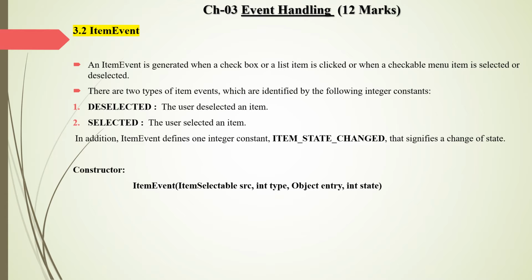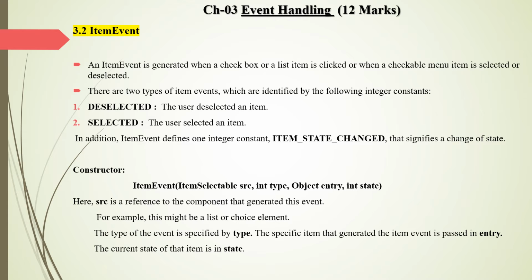The constructor of the ItemEvent class has four parameters. First one, ItemSelectable, that is the source of the event. Next, an integer type, then the object entry, and the integer state.